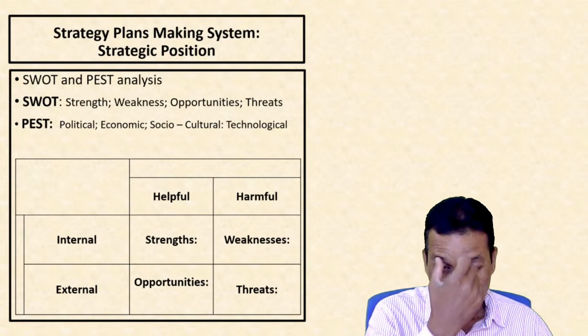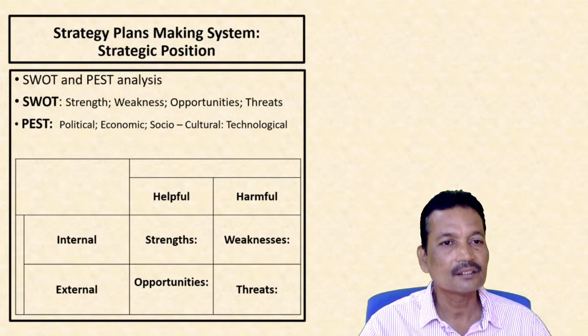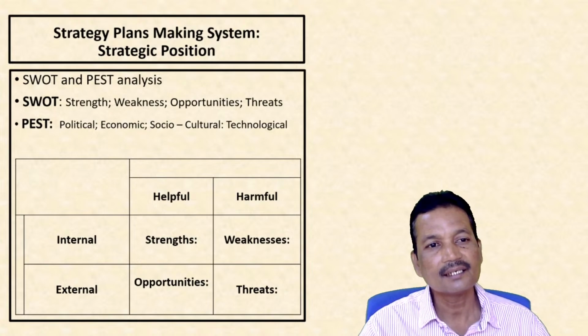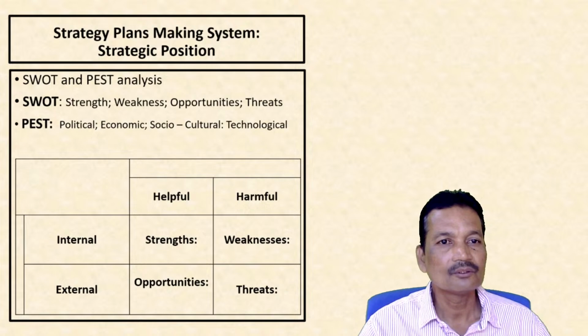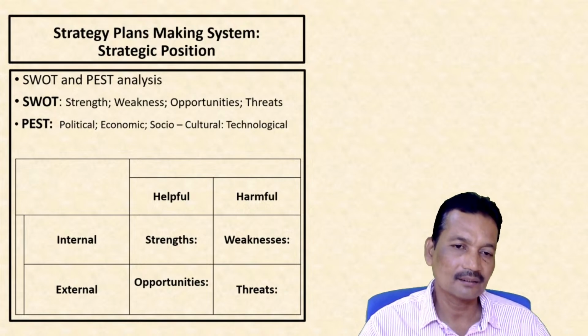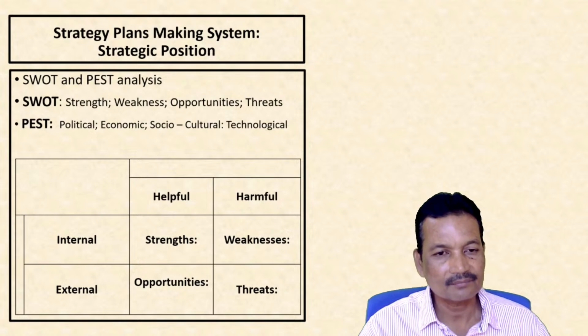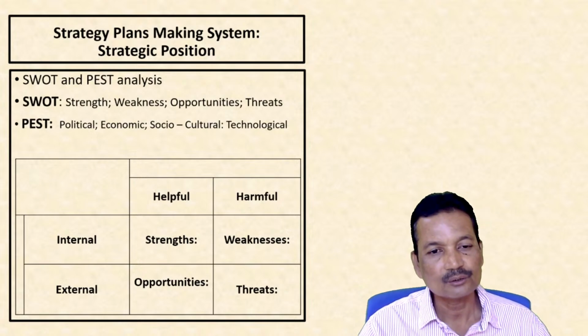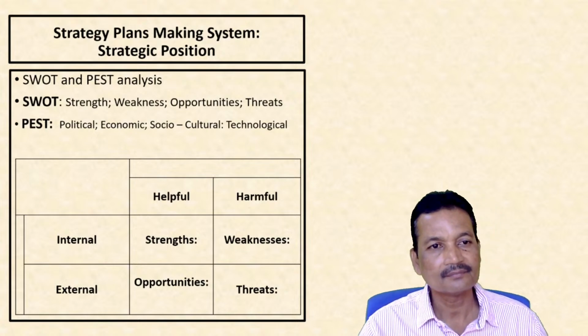The other is PEST: political, economic, socio-cultural and technological analysis. Now, this will tell us where we are and what kind of activities we can undertake for the future so that we can move in the right direction.